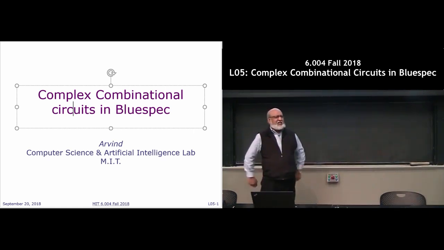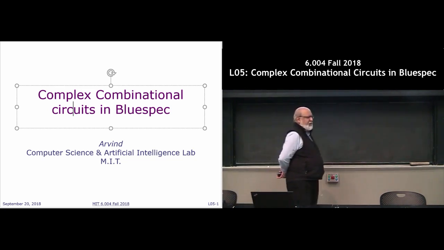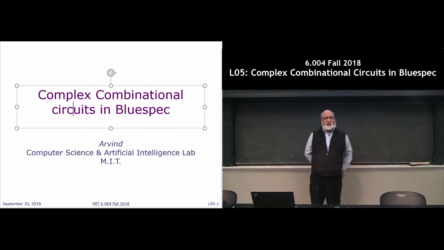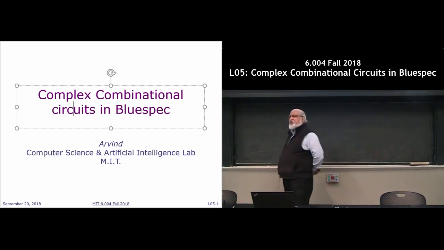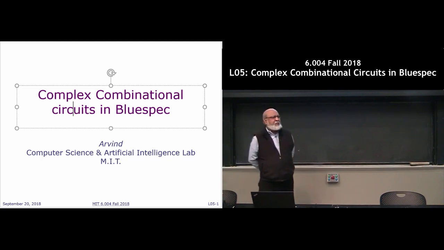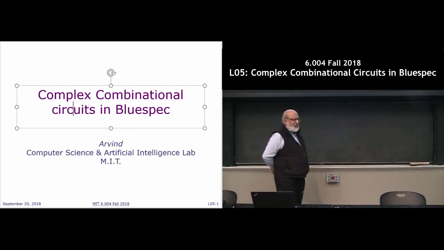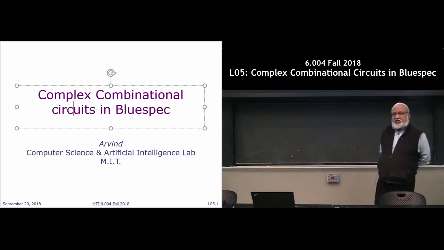So let me illustrate it another way. So I have this 2-bit adder, a ripple carry adder. You give it 2 bits, it produces 3 bits, and we can synthesize it. We feed it to the Bluespec compiler, and out comes this circuit. And you will understand many more details of it as the course goes along, exactly how hardware is being generated from these descriptions.